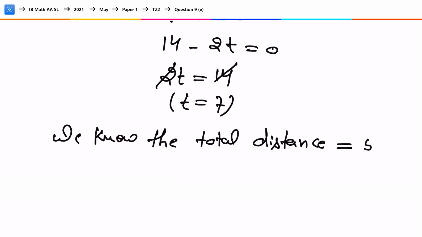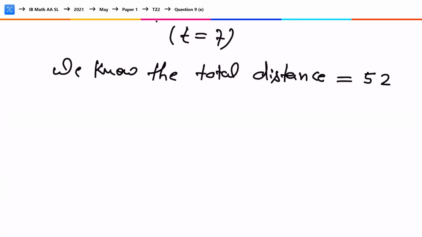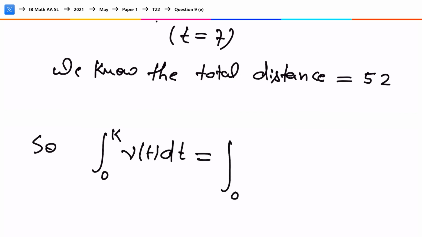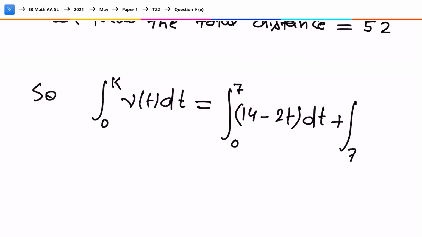We know the total distance is equal to 52. So we can set up the equation as the integral from 0 to k of v of t dt, which equals the integral from 0 to 7 of 14 minus 2t dt, plus the integral from 7 to k of 2t minus 14 dt.